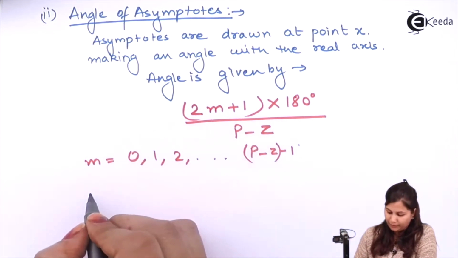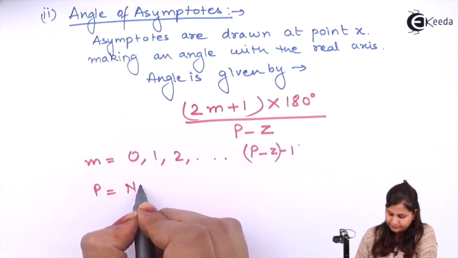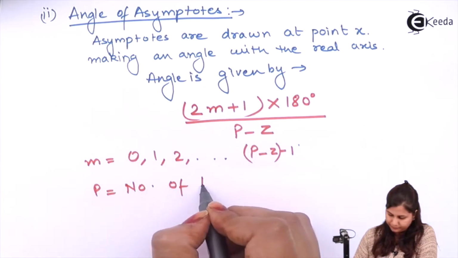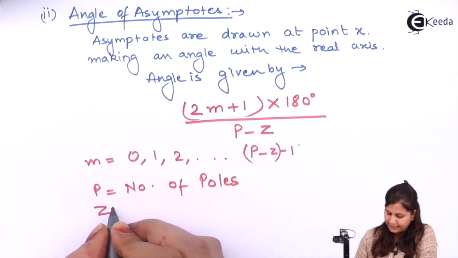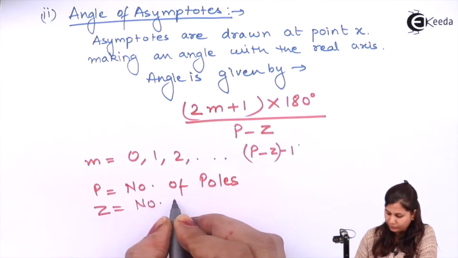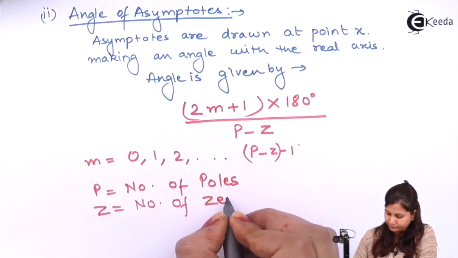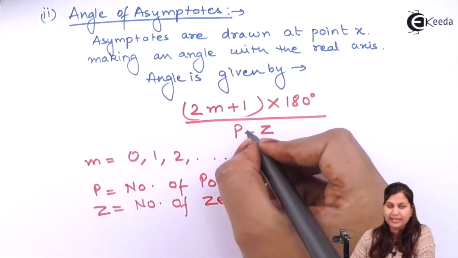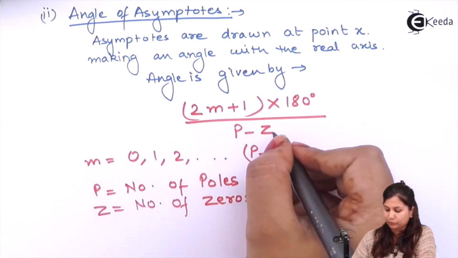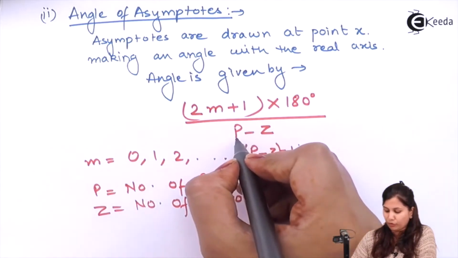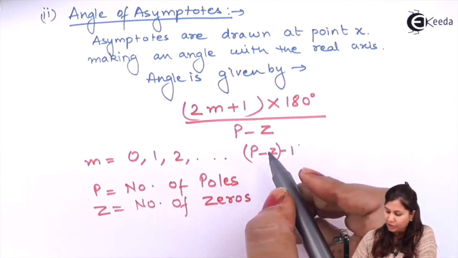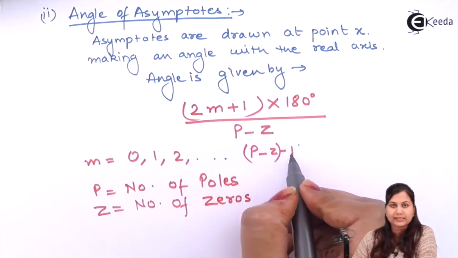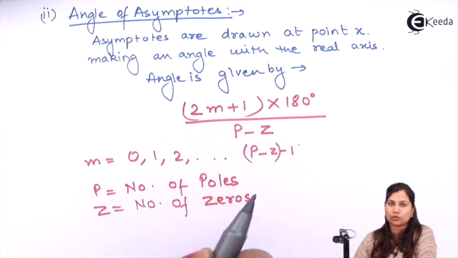P is the number of poles of the open loop transfer function and z is the number of zeros. Suppose we are having 4 poles and 2 zeros. So it will be 4 minus 2, that is 2. And here we have 4 minus 2 minus 1, that is 2 minus 1, so 1.